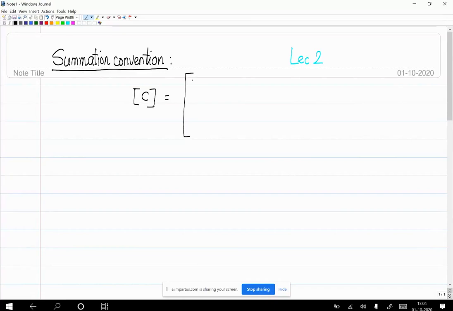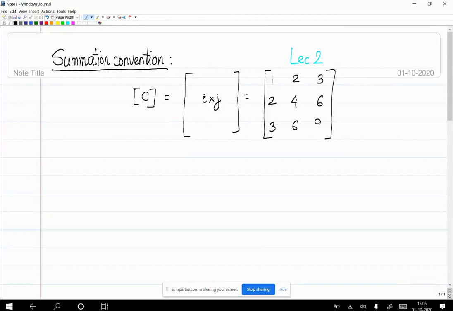Let us say it is formed by I into J, where I denotes the row and J denotes the column. So this implies that 1 1 is going to be 1, 1 2 is 2, 1 3 is 3, 2 1 is 2, 2 2 is 4, 2 3 is 6, 3 1 is 3, 3 2 is 6, and 3 3 is 9.